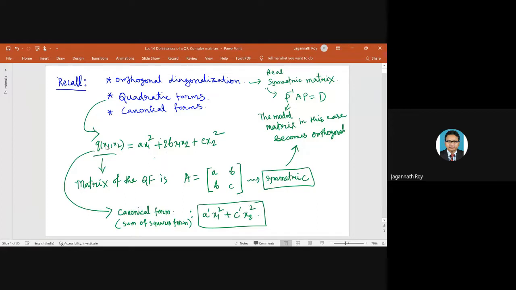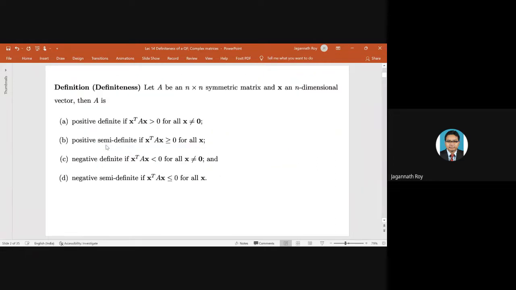Now there is another topic that is called definiteness of the quadratic form. So let us define the definiteness of a matrix.